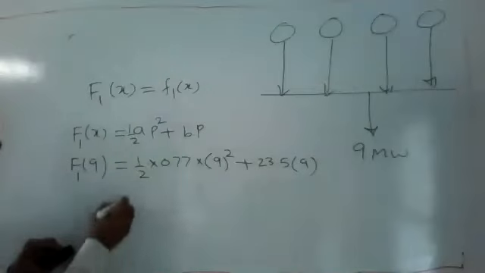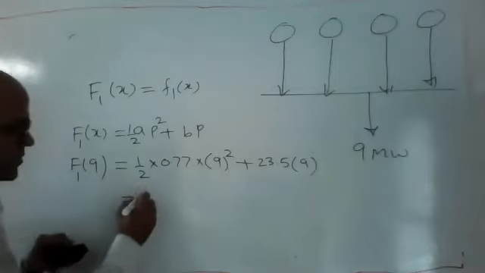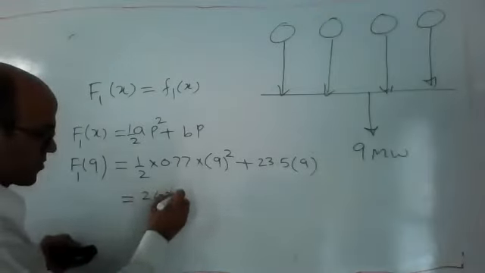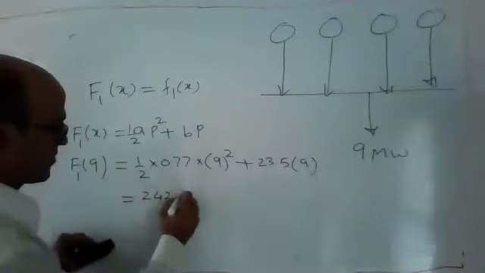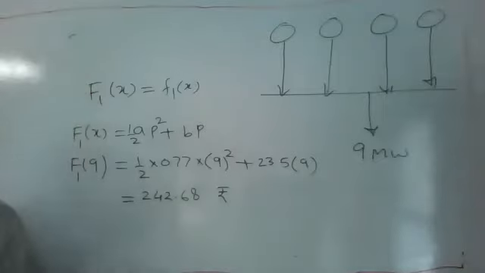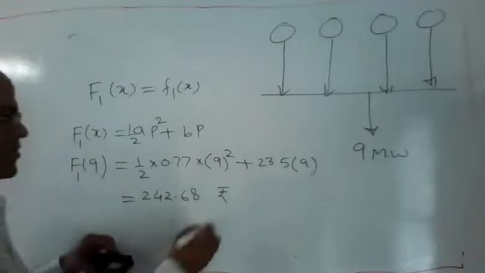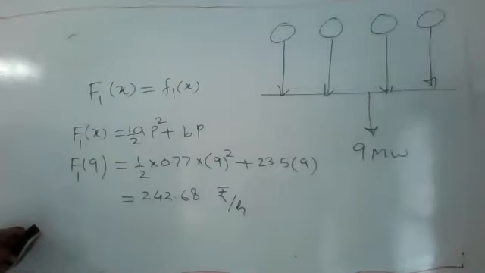If you calculate it, you will get 242.685 rupees per hour. So this is the cost in rupees per hour in the first case.